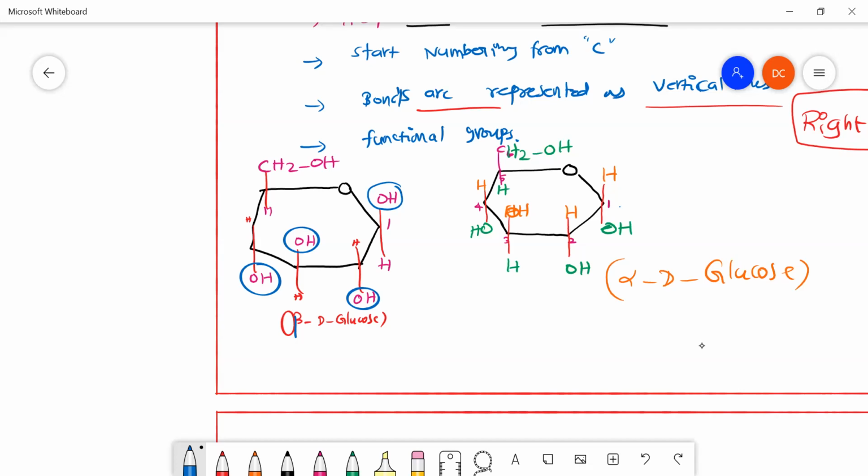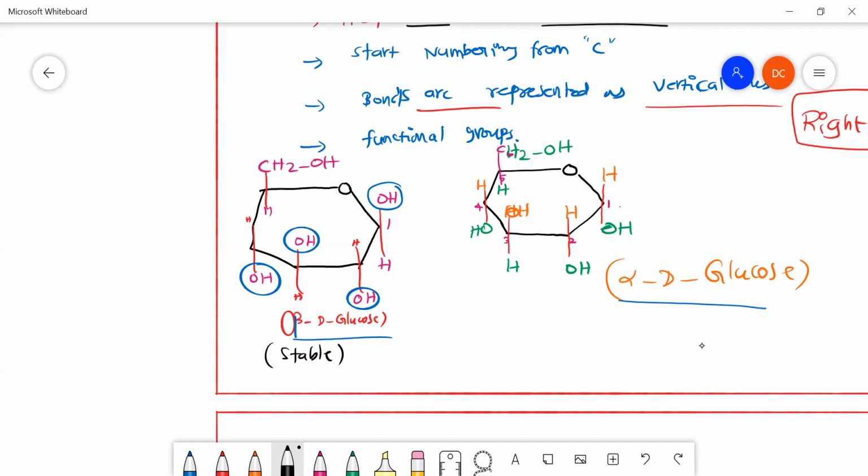Now, which is more stable among these two, alpha D glucose or beta D glucose? Actually, the more stability is for beta D glucose. This is the stable one. Why is it highly stable?